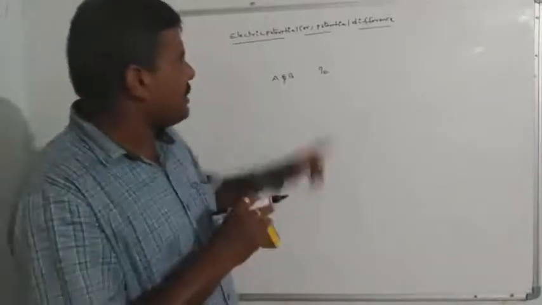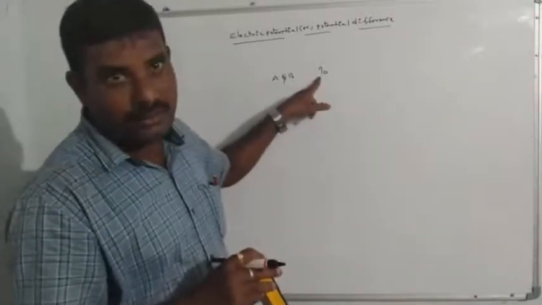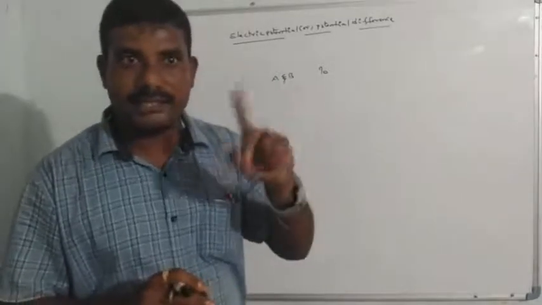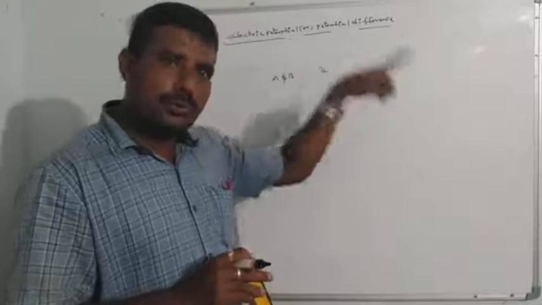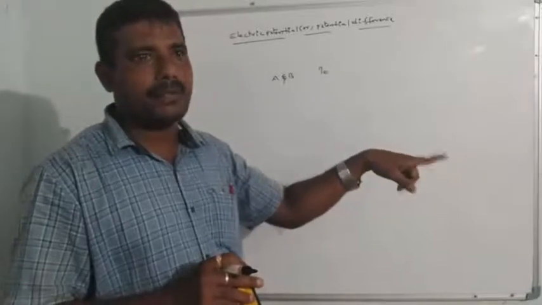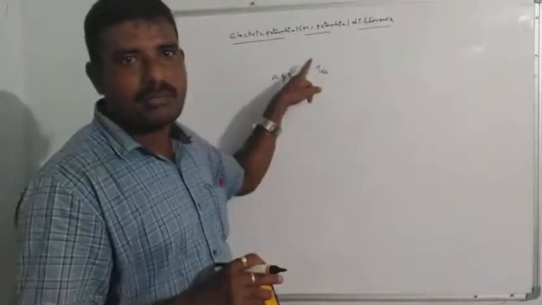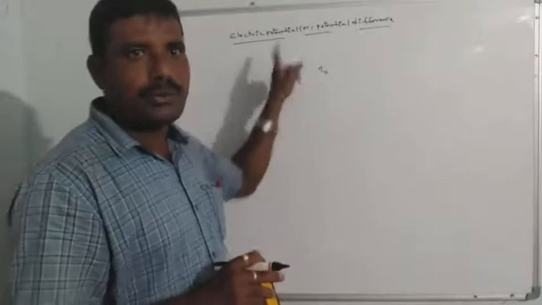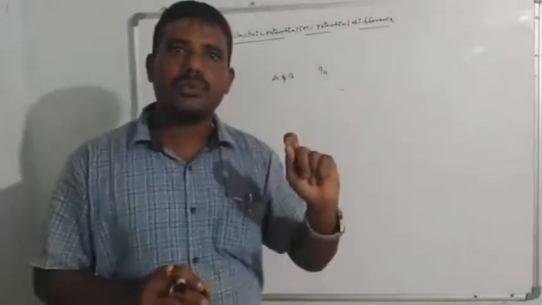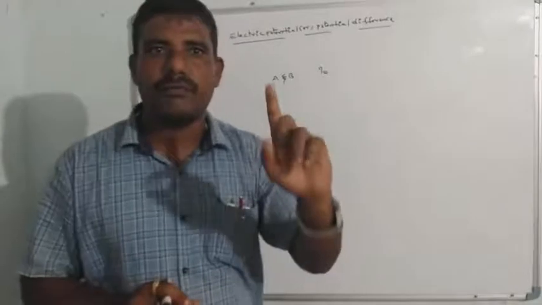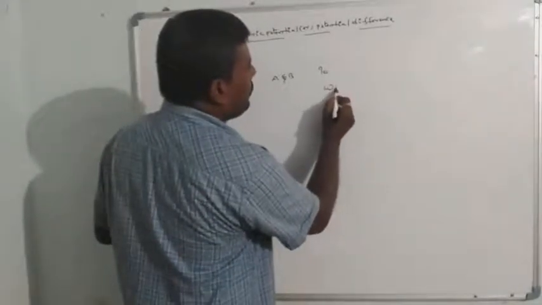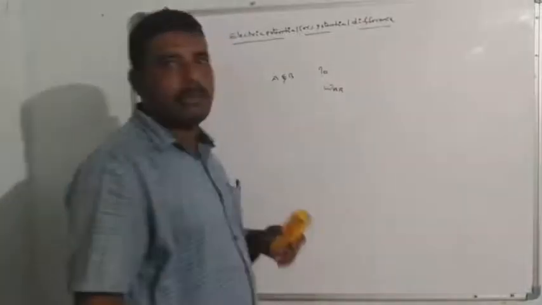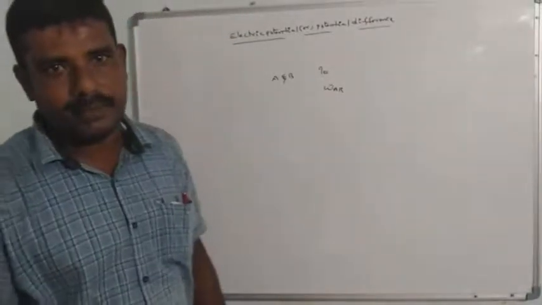If the test charge Q naught is moving from A to B, we have to do some work. That work is nothing but W suffix AB.